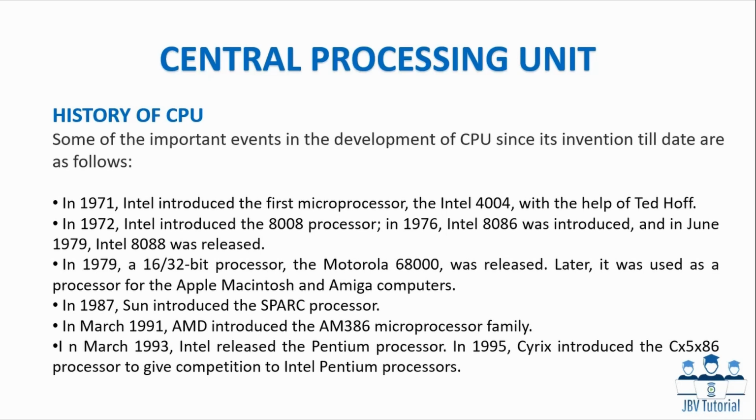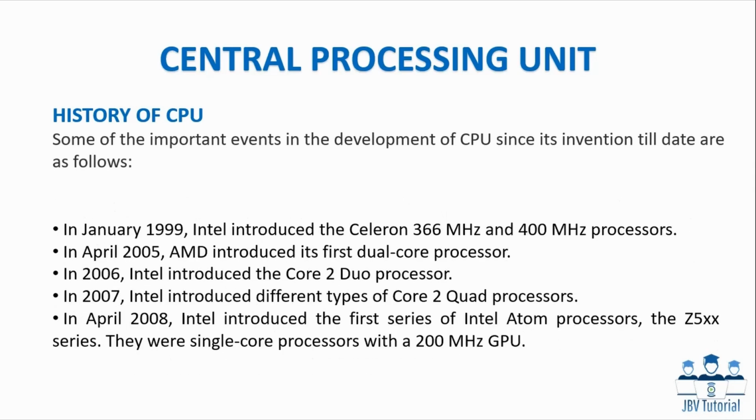In 1987, Sun introduced the SPARC processor. In March 1991, AMD introduced the AM386 microprocessor family. In March 1993, Intel released the Pentium processor. In 1995, Cyrix introduced the CX5X86 processor to give competition to Intel Pentium processors.